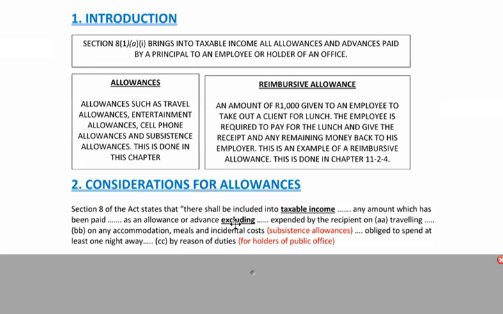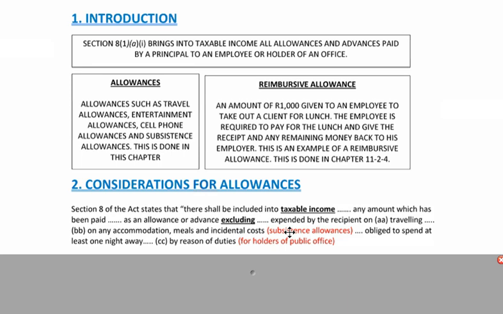And it says excluding. Because it uses the word excluding, there is not a deduction for the reductions in the travel allowance. It's excluding certain amounts. And look what it says: expended by the recipient on (a) travelling, (b) on any accommodation, meals, and incidental costs.